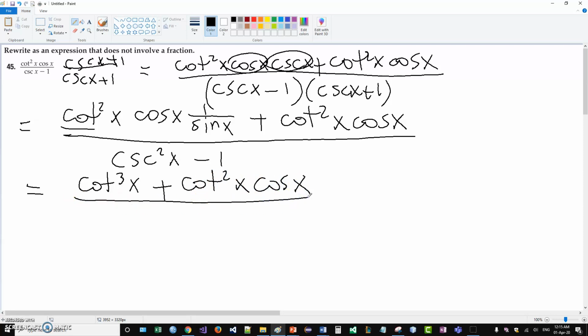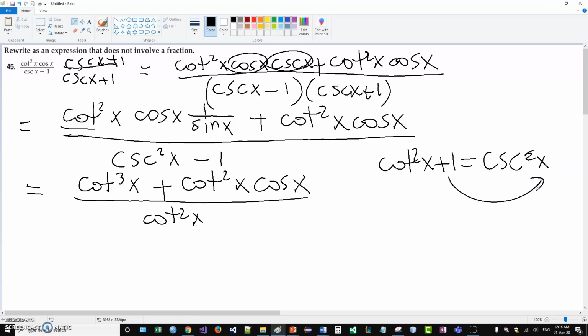Now cosecant square x minus 1 is cotangent square x, because according to the Pythagorean identity, cotangent square x plus 1 equals cosecant square x. Move the 1 here. So now what we have is cotangent cube x plus cotangent square x times cosine x.